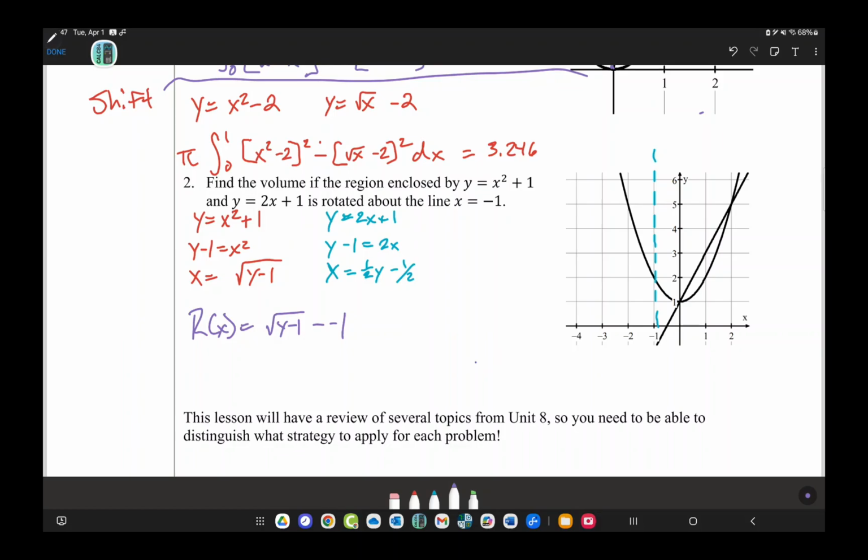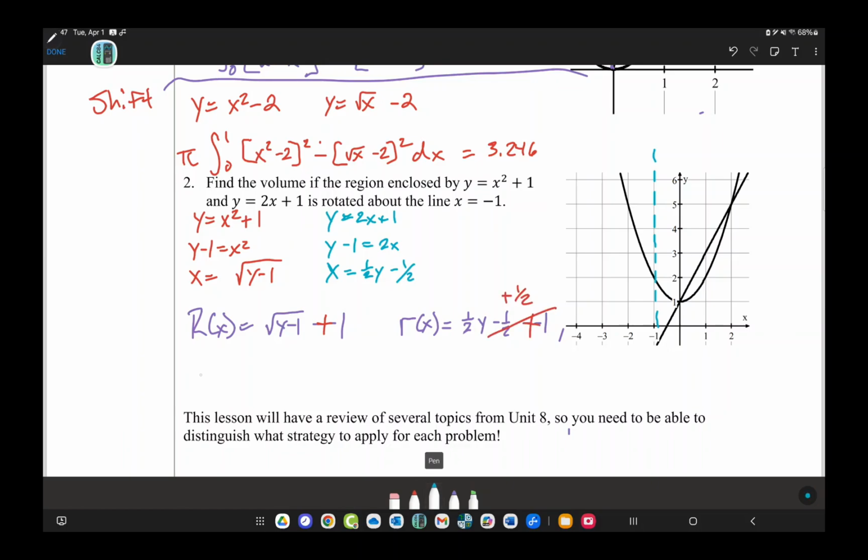That's my line of rotation, so we can go ahead and change that to +1. My smaller radius will be 1/2 y minus 1/2 minus a -1. Again, we can change that to plus, and we can even simplify that to be positive 1/2.